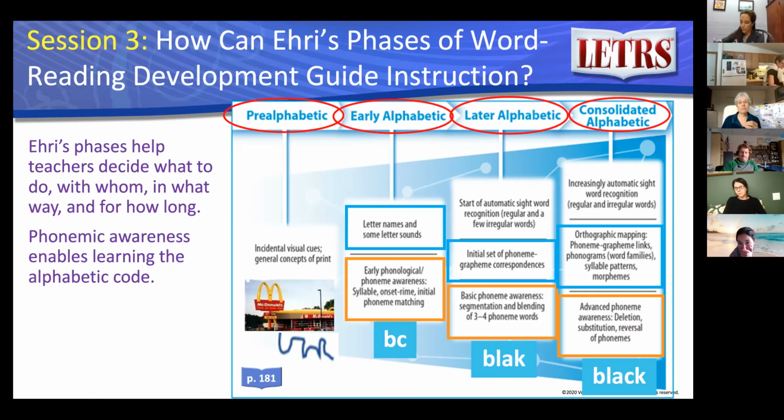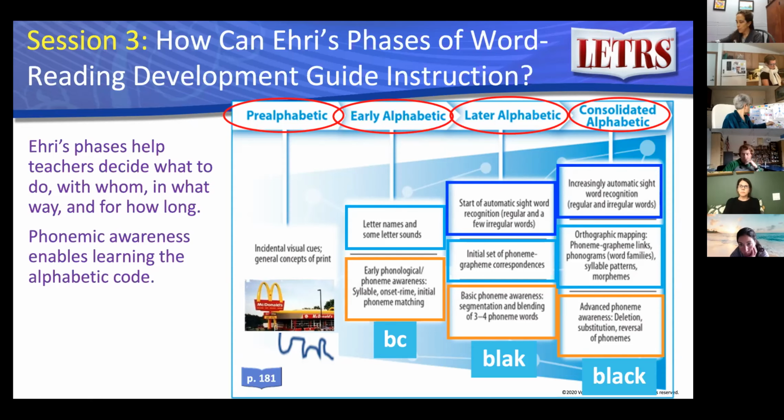Coupled with the last part of the puzzle, and that's getting to that automaticity part, so that each of these layers is becoming owned by the student, so that it's not about having to think about what it is, but it's actually activating that efficiency.